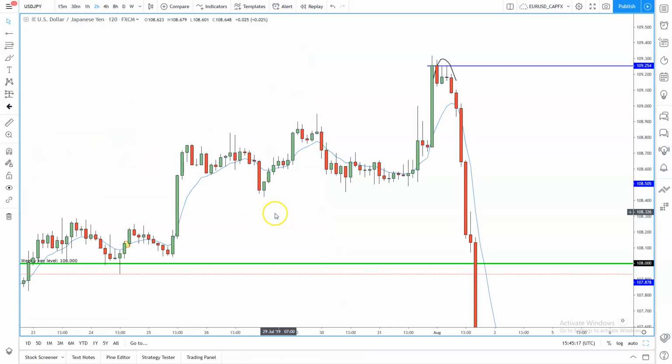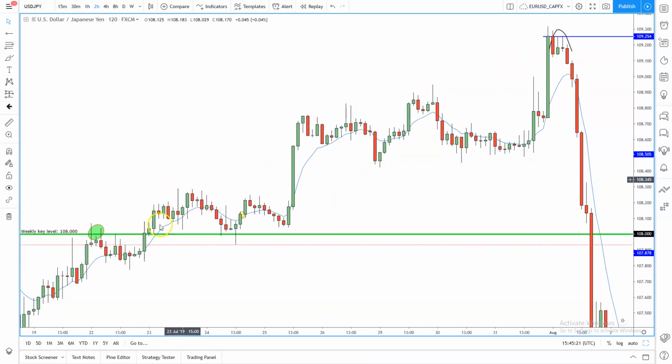Let's see if we can get other tweezer formations. See guys, hammer candle on the key level. Just that extra confidence, hammer on the key level. But we'll cover this in other price action webinars where we combine all what we've learned to get strong confidences.